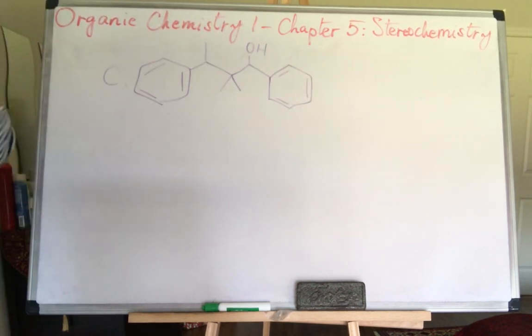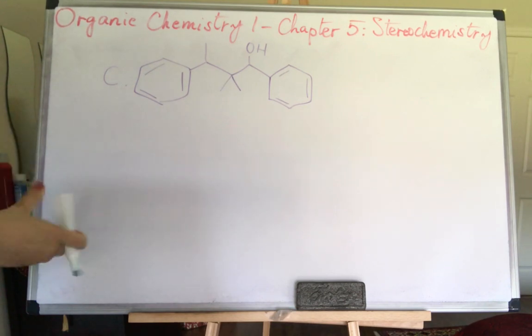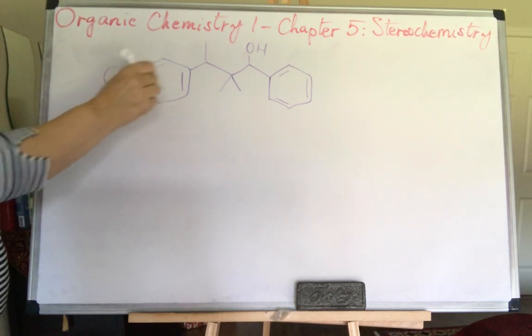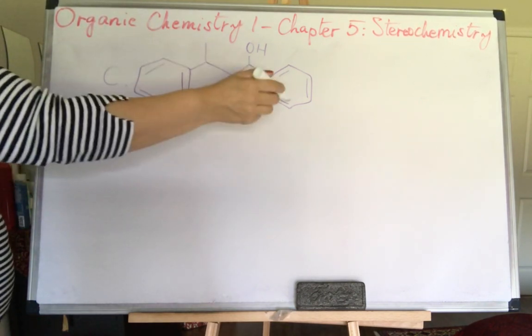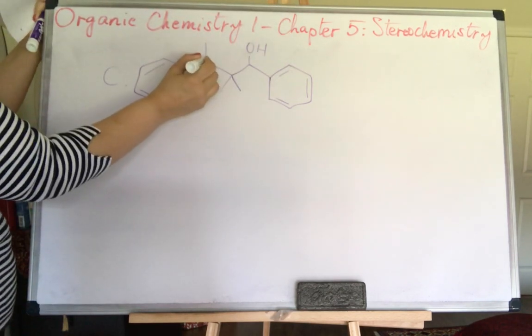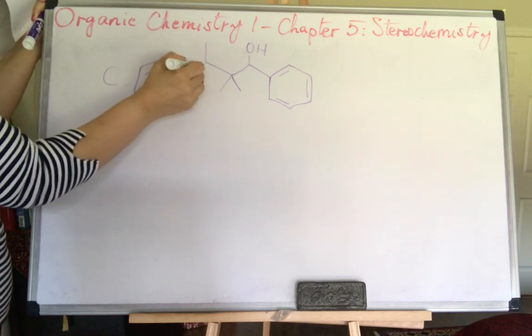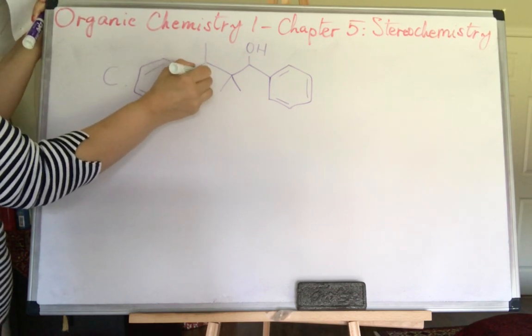Okay, so in this practice exercise, we need to locate the stereogenic centers. Again, locate the chiral centers. The carbons of a double bond automatically are off the picture. This carbon, 1, 2, 3, the 4th one is the hydrogen.